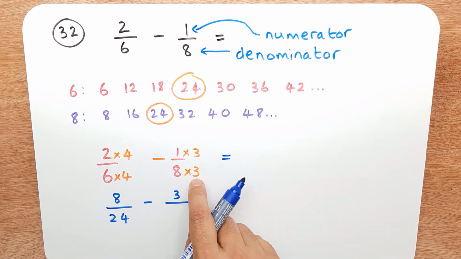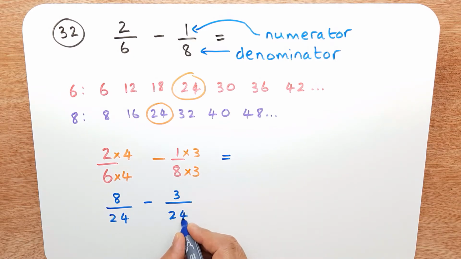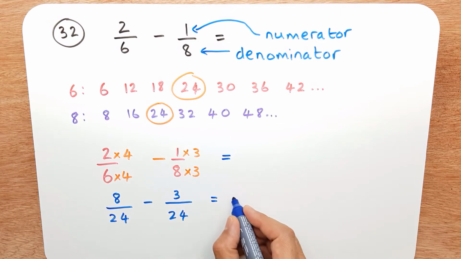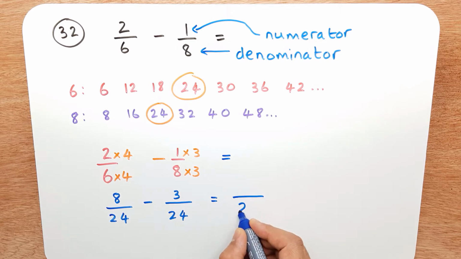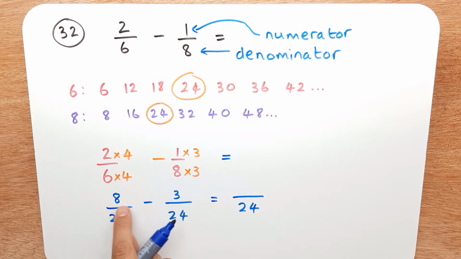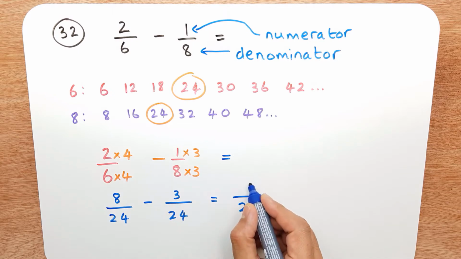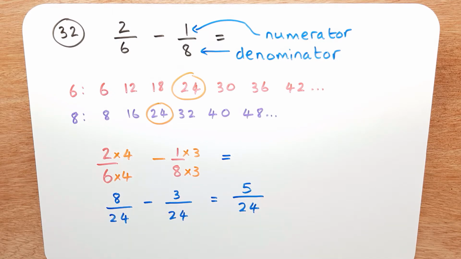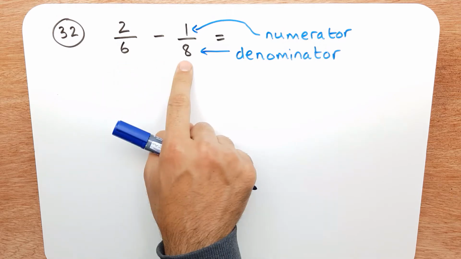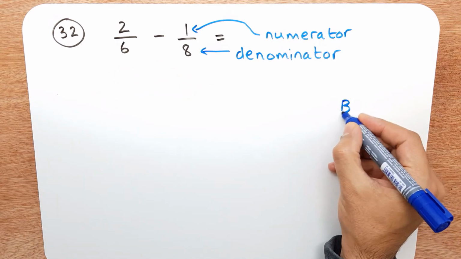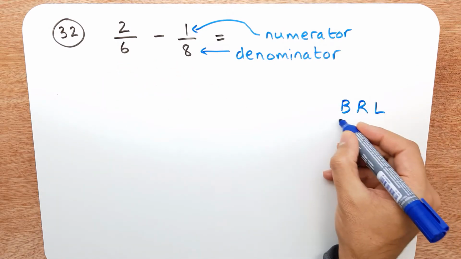And 8 times 3 is 24 again. Now our calculation's easy because the denominators are the same. So put the fraction line, put the denominator as 24, and we simply do 8 minus 3, which is 5.